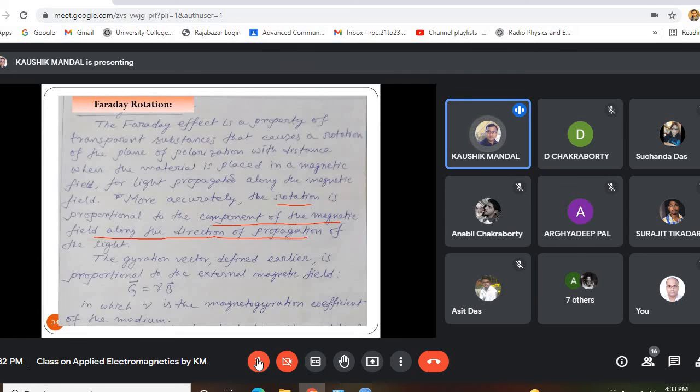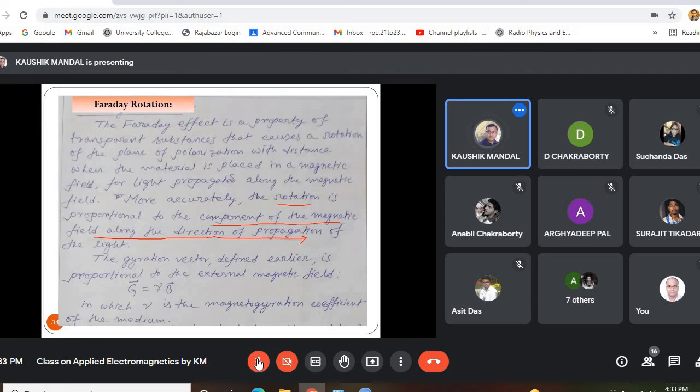But in case of Faraday rotation, the amount of rotation of the plane of polarization is directly proportional to the component of the magnetic field in the direction of propagation of the light wave.